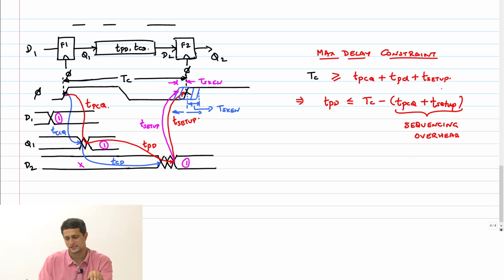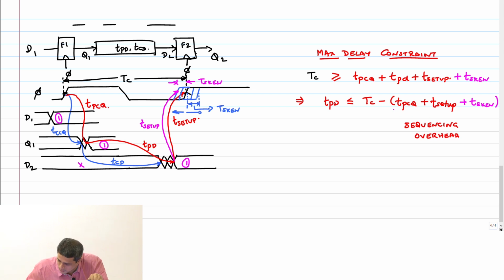TPCQ plus TPD plus T setup plus T skew. Right? And therefore here also it will simply get modified as plus T skew. Okay, and of course this whole thing is now called sequencing overhead.